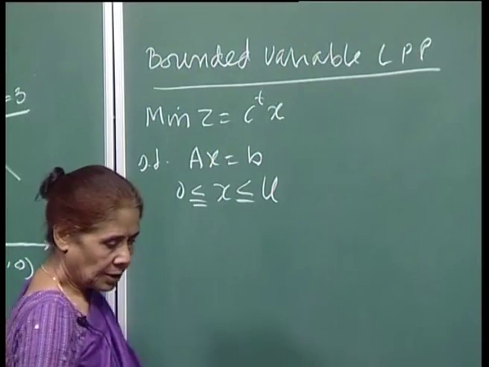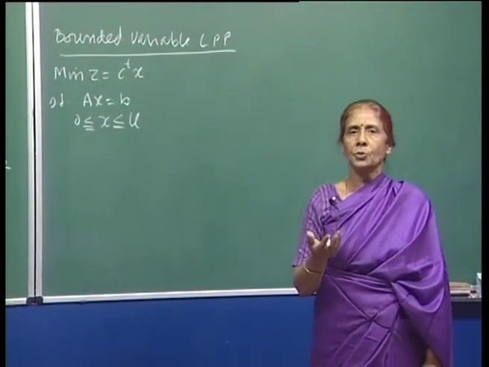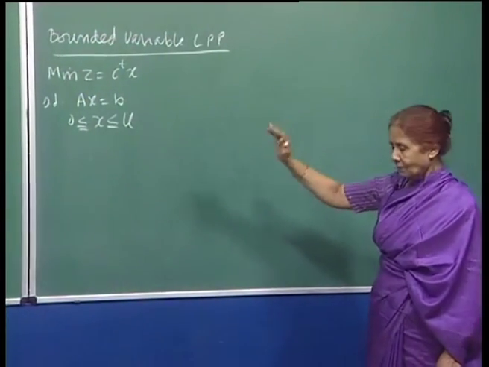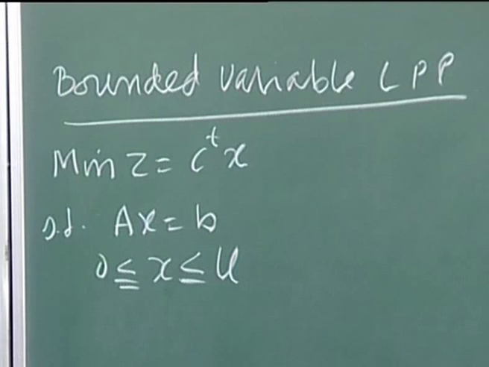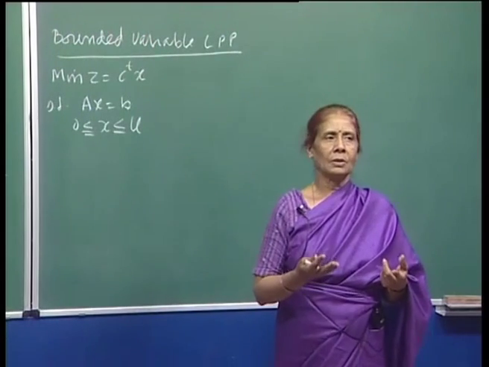It is not necessary that all the variables in the problem are bounded. Some may be free to take any non-negative value, but some may be bounded. So, I will develop the algorithm for the case when all variables are bounded, but you can modify the pivot rules whenever you have only a partial set of variables bounded, right.